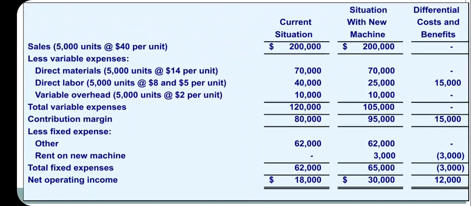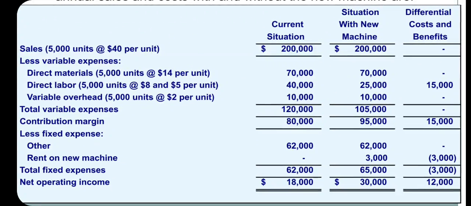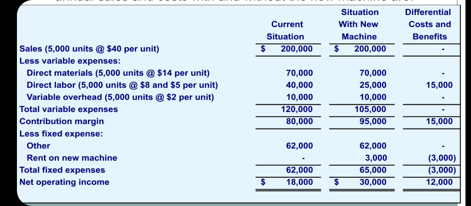So how to make the decision? To choose the best situation, whether to stay with the current production practice or rent a new machine, you have to compare. Like I said earlier, if you want to make a decision, you have to compare the alternatives and choose the best alternative. So let's see here.